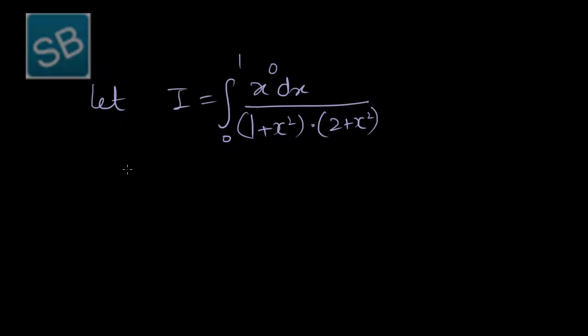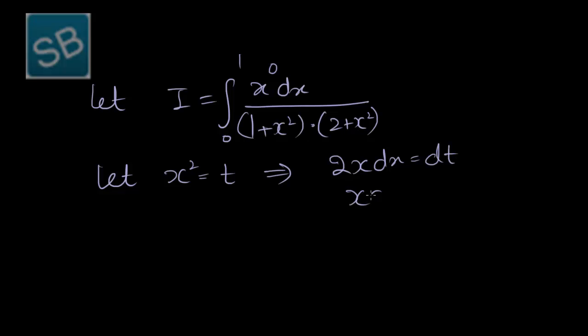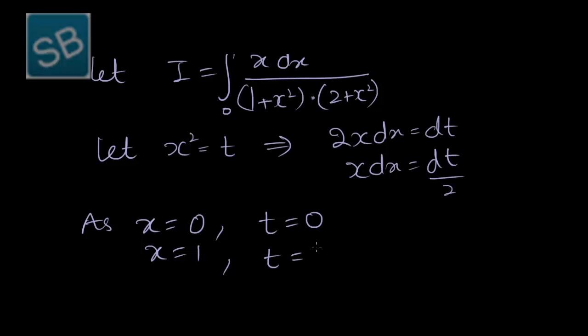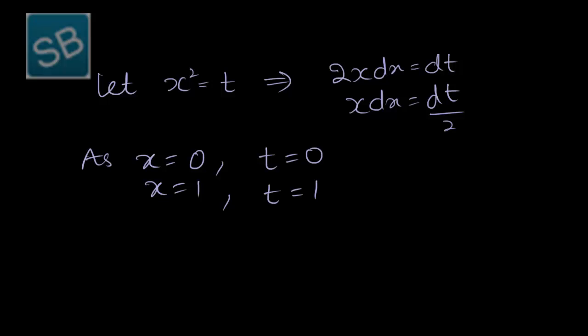So here if we see, again let x square is equal to t. So we get 2x dx is equal to dt. That means x dx is replaced by dt by 2. So here we will also change the limit. That is, here we are using substitution rule. So as x is equal to 0, t is equal to 0. X is equal to 1, t is equal to 1.